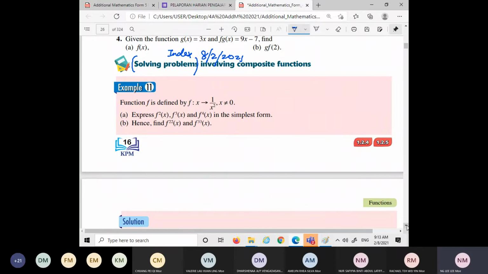Function f is defined by f(x) = 1 over x squared, where x cannot take 0. Express f squared(x), f cubed(x), and f to the power 4(x) in the simplest form. Part B, hence find f to the power 22(x) and f to the power 33(x).